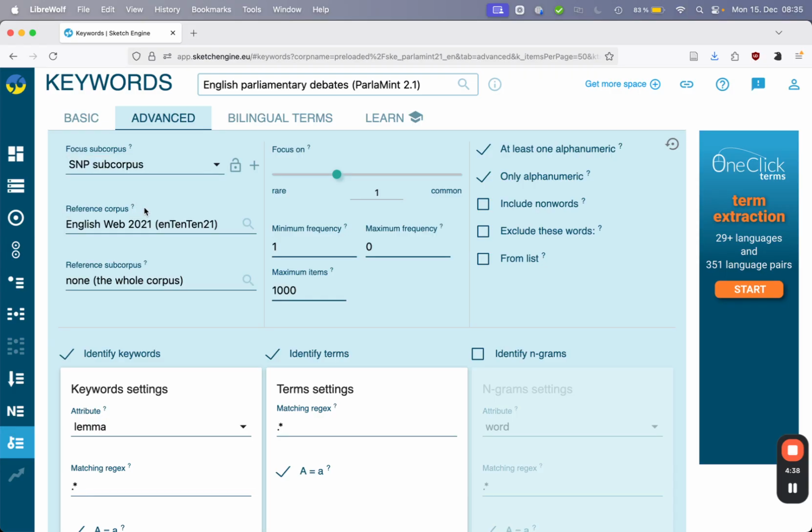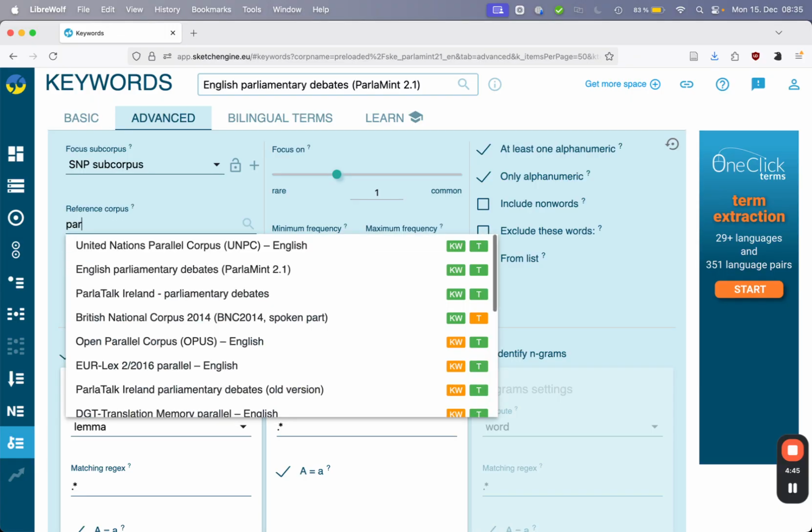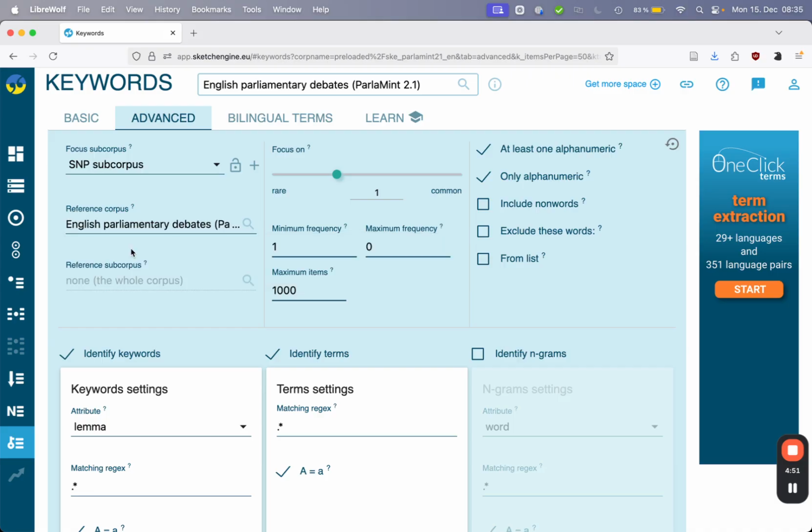And of course you can create your own and use that. And our reference corpus is going to be the whole of Parliament. So I'm comparing this subcorpus with the entire corpus. But you can compare two entirely different corpora. That's also possible.